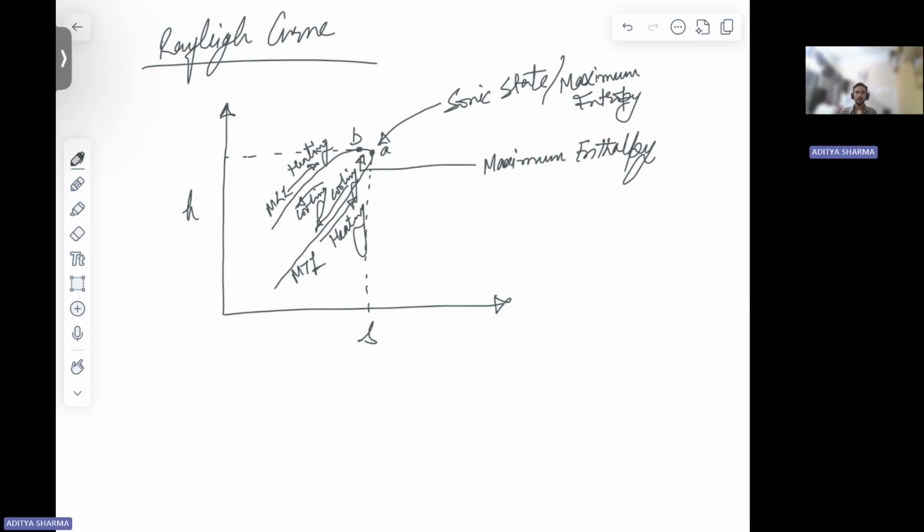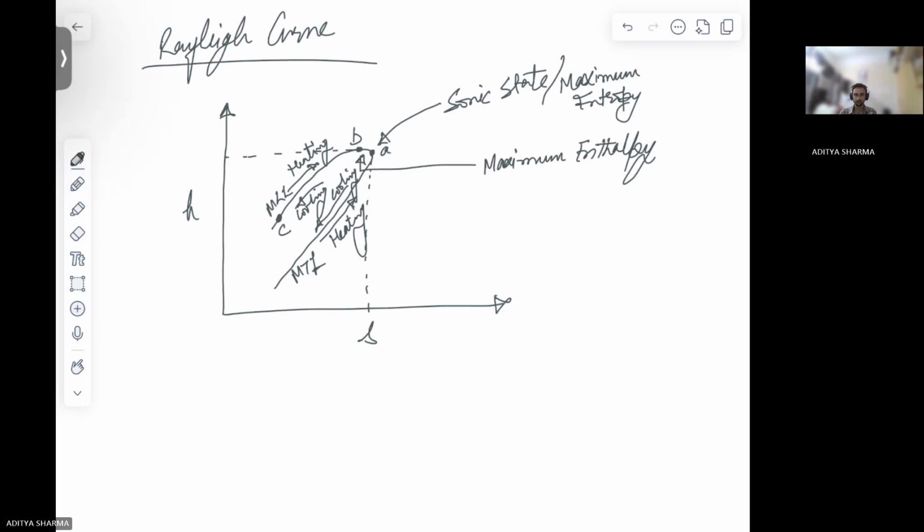Let's say you have some subsonic flow with some Mach number. Initially, let's say this is your position, I'll call it C. Then you add heat to this, so this is going to move towards point B or point A.